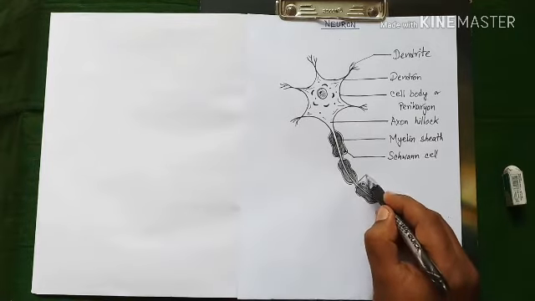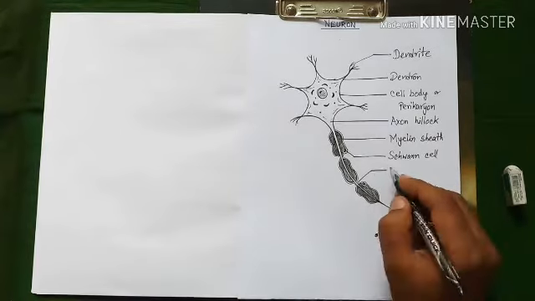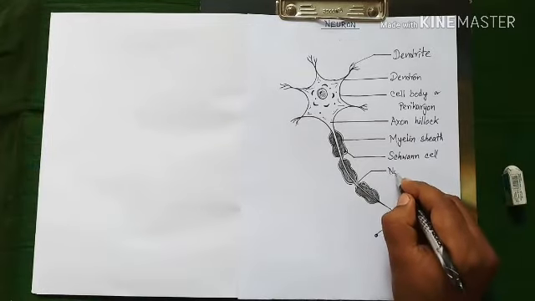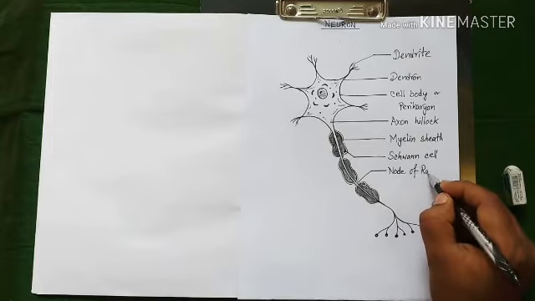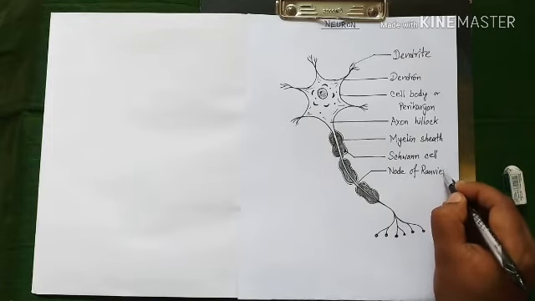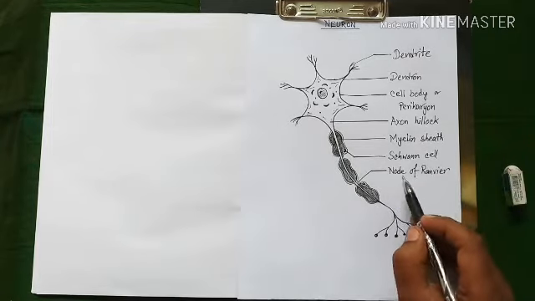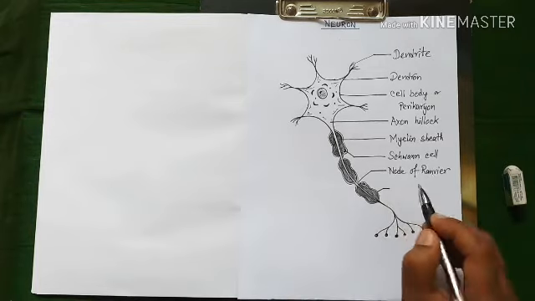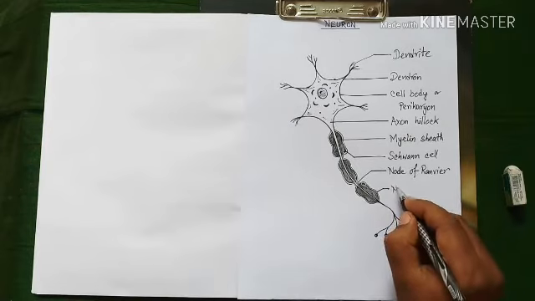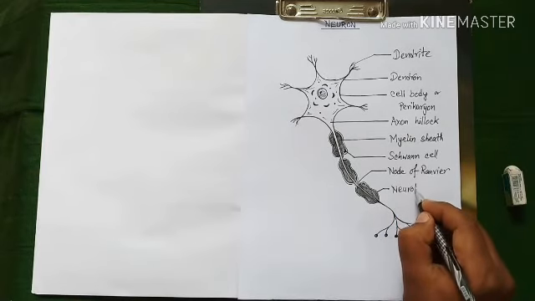The gap between two successive myelin sheaths is known as node of Ranvier. Node means gap, and as it was discovered by scientist Ranvier, this is known as node of Ranvier. And then this thin outer layer is known as neurolemma.